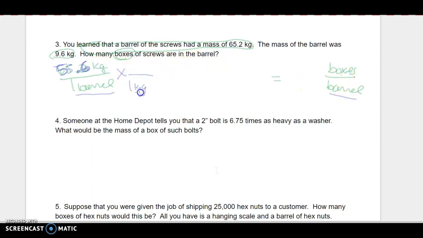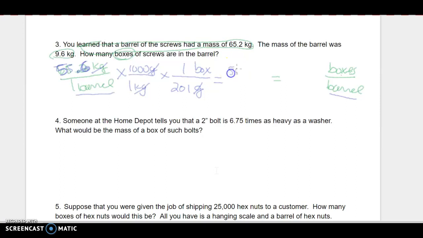So let's, again, say 1 kilogram is 1,000 grams, because that's all we did. We didn't do any measurements in kilograms, so the kilograms cancel. Now I have grams per barrel, okay? But I'm not there yet, because I need to cancel out the grams. So I need here grams, ideally if I have per box. And that was, I think, 201 grams in one box. And then my grams cancel, okay?